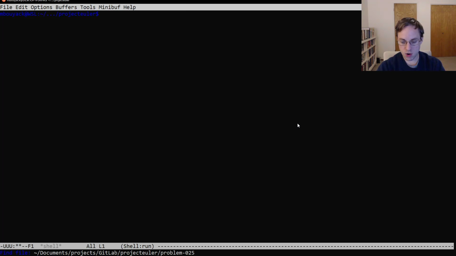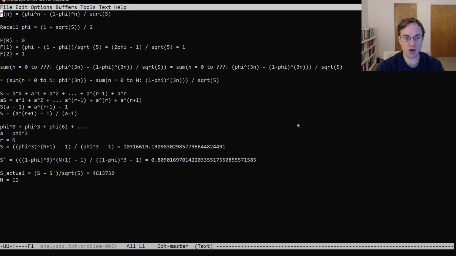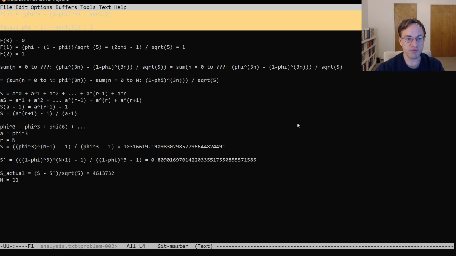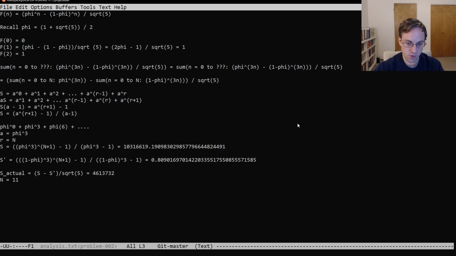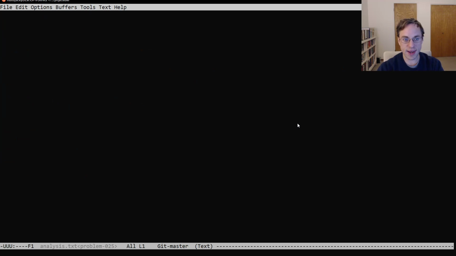We'll open up our problem 25 analysis file, which is currently empty. I'll also open up the analysis file from problem 2. This was a previous problem that we had solved involving Fibonacci numbers. In particular, we used this equation here for the Fibonacci sequence, and we're going to use that again in problem 25.